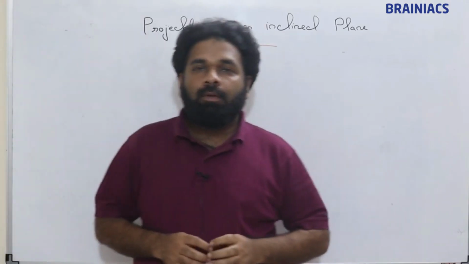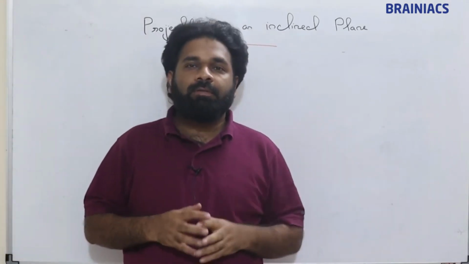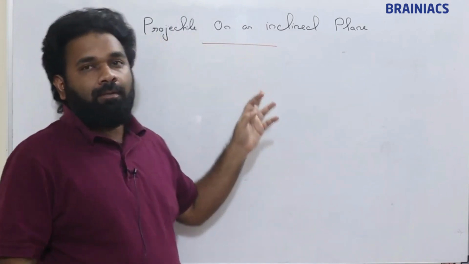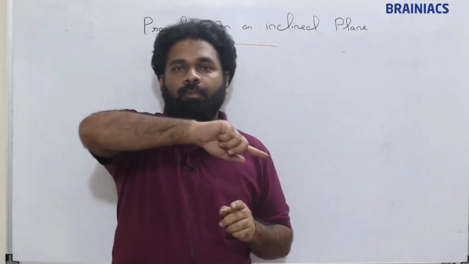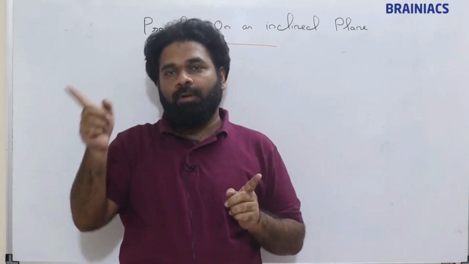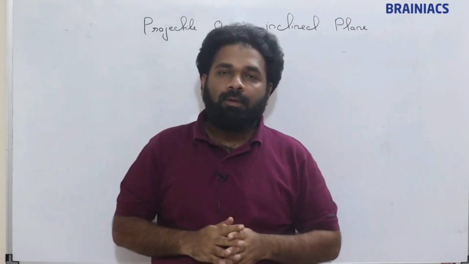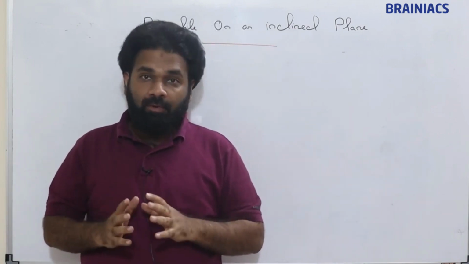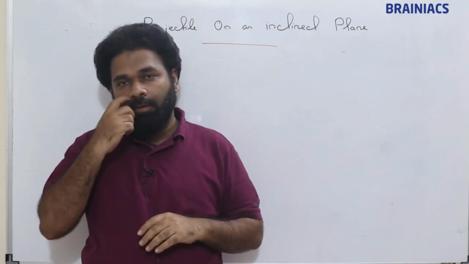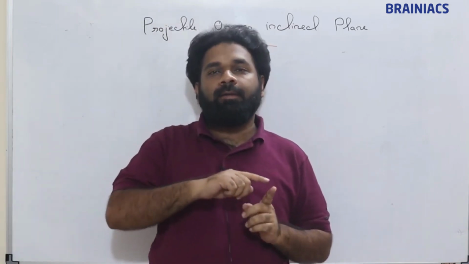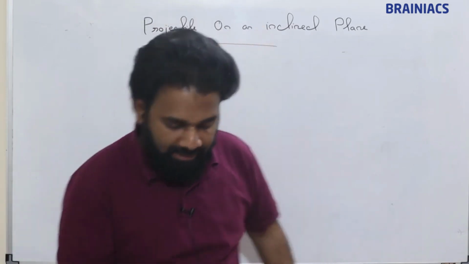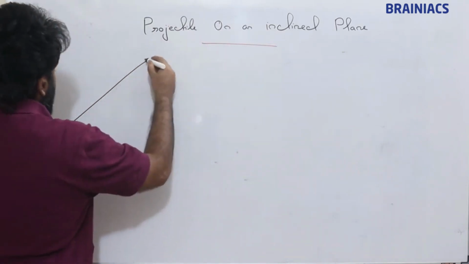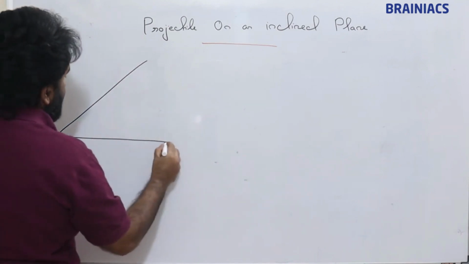Hi dear students, in this session we are going to see projectile on an inclined plane. Just like the parabolic projectile which we have studied, what will be its time of flight, range, maximum height, all these things if we do that on an inclined plane. See, this is an inclined plane.